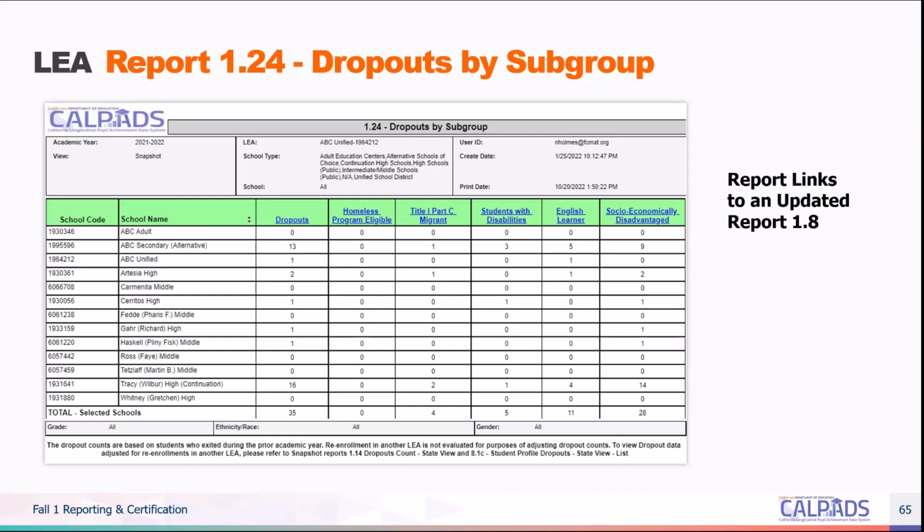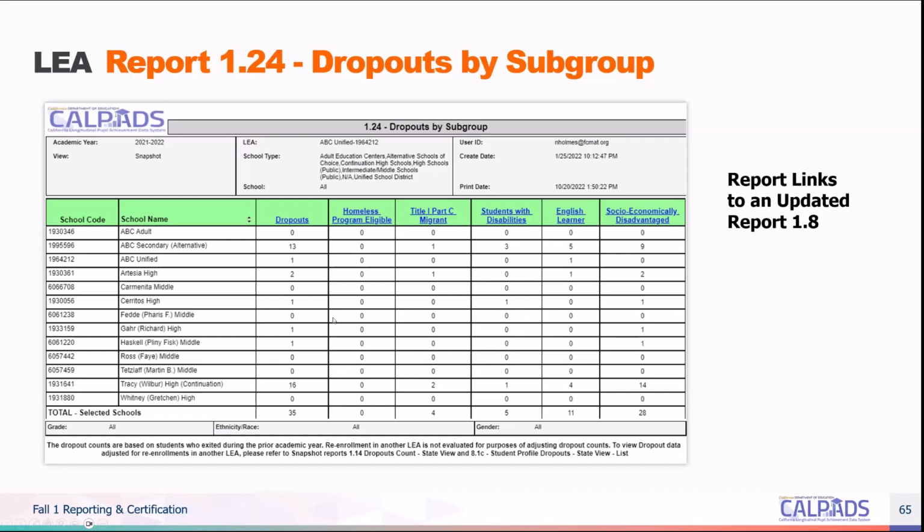So we use Census Day. Students that leave school and have not completed and are not enrolled by census day are usually determined to be dropouts. So here we have the total count of dropouts, and different subgroups of those students: socially economically disadvantaged, English learners, students with disabilities, Title I Part C migrant.